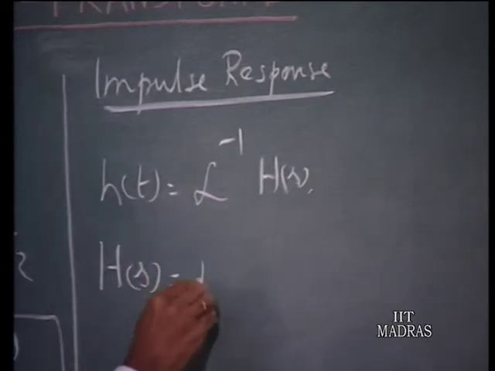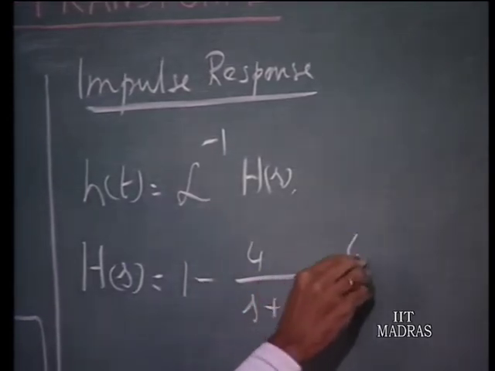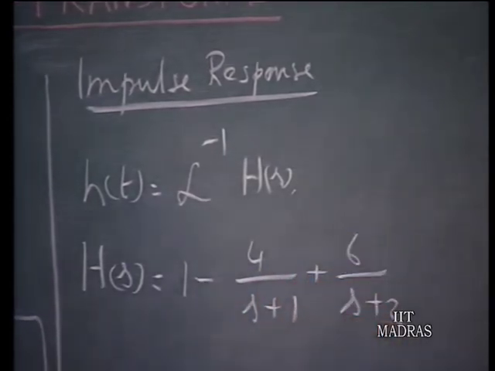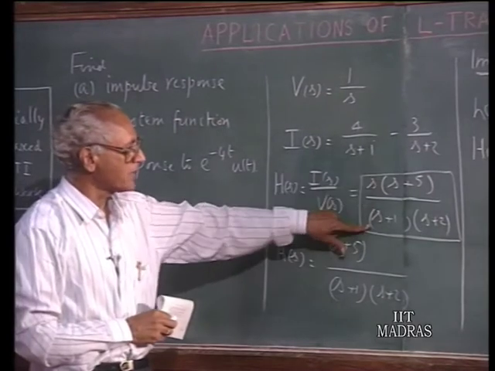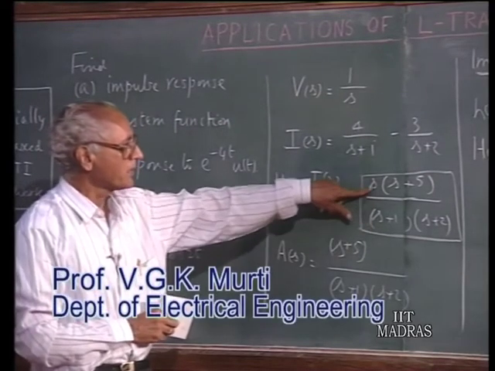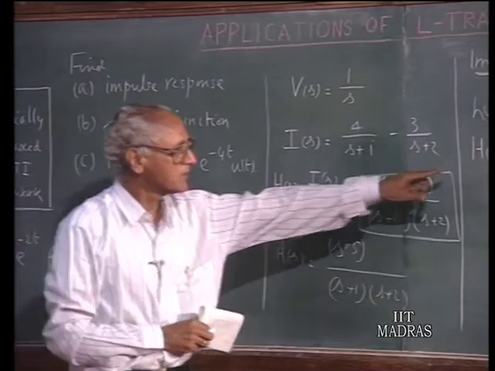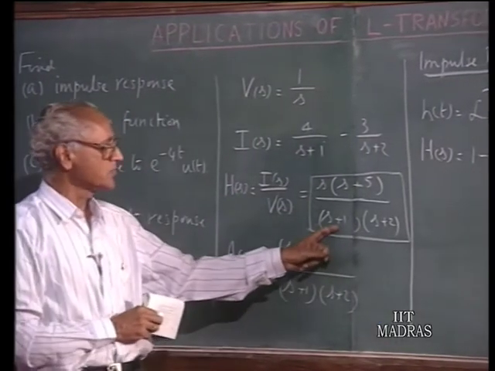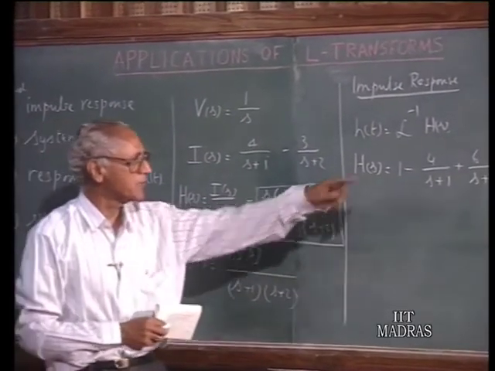It will turn out to be 1 minus 4 over s plus 1 plus 6 over s plus 2. Because the numerator and denominator are polynomials of the same degree, s squared divided by s squared, the ratio of the two leading coefficients is 1, that is the first term, and then you have the residues for the pole at s equals minus 1 and the pole at s equals minus 2, which come out like this.